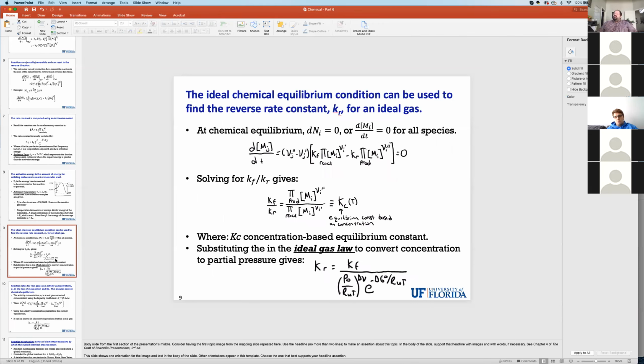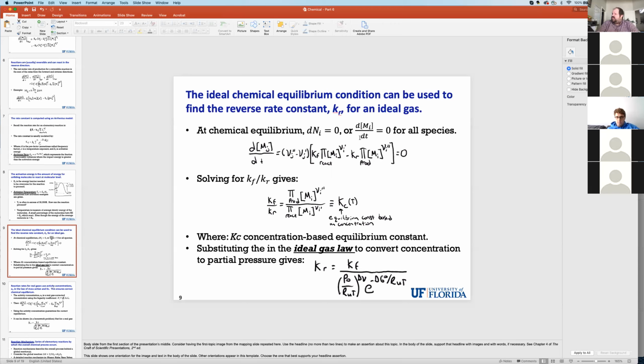Now we discussed activation energy in the forward rate constant. How do we determine the reverse rate constant? Well, we apply the chemical equilibrium condition that the time rate change of moles is equal to 0. And if the time rate change of the number of moles of species i is equal to 0, that also means that if you divide this by volume, you get the concentration.